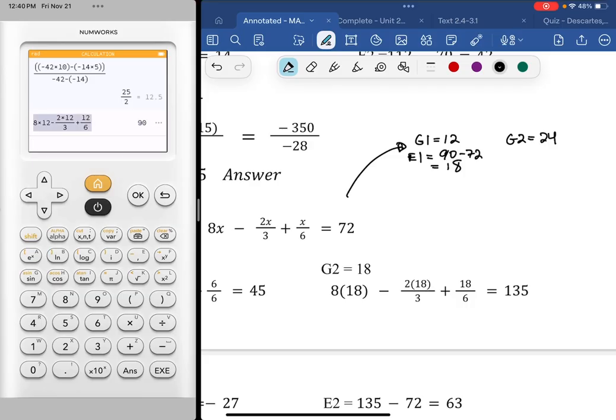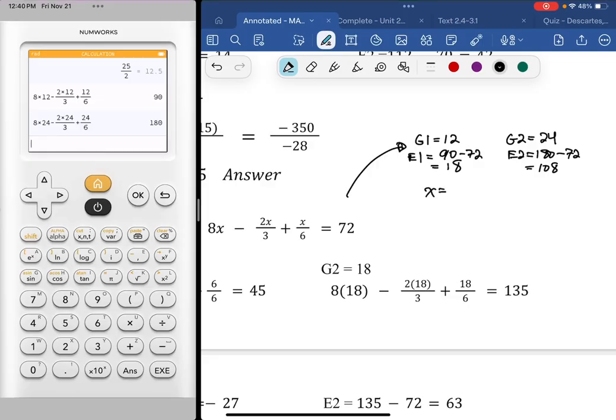All right, same calculation. Instead of 12s, I get 24s. Oops, hit the wrong button. 24, so that's 180. So E2 is equal to 180 minus 72, which is 108.